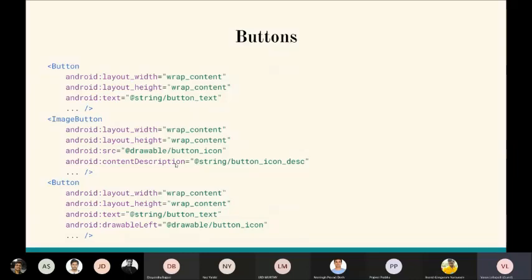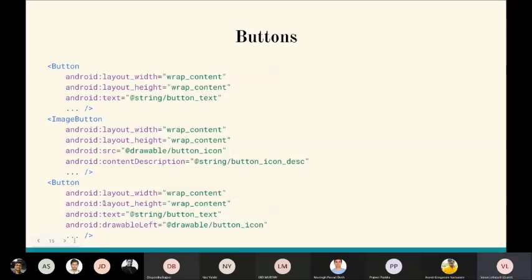Due to network issues or other issues, if the image cannot be displayed, then this content description will be displayed. Or if differently abled persons are using the Android application with the phone in voice mode, the application will read everything on the screen. It will read the content description for them.